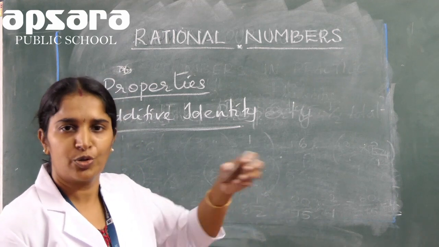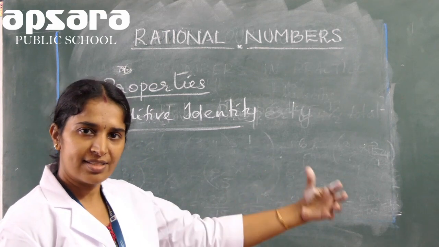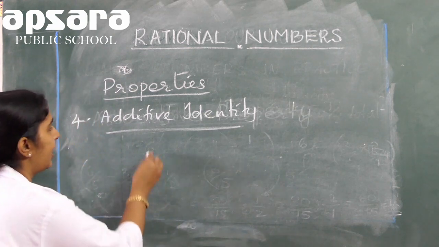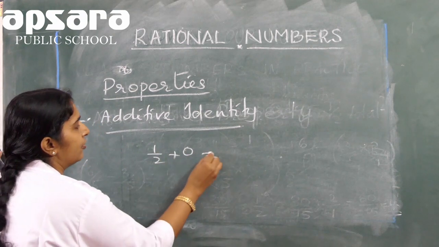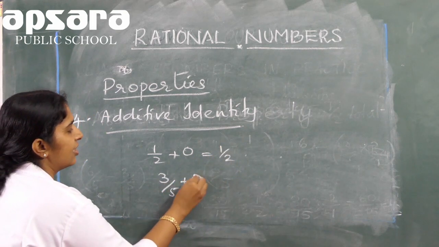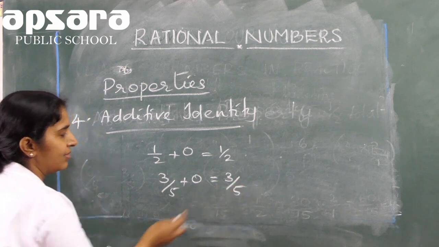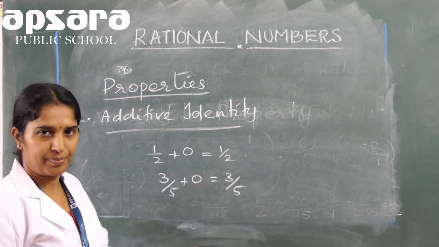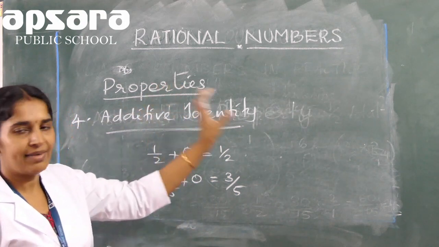When you add 0 to a rational number, you get the same rational number as the answer, right? So if you add 0 to 1 by 2, you will get the same 1 by 2. 3 by 5 plus 0, you will get the same 3 by 5. So 0 is called the additive identity.